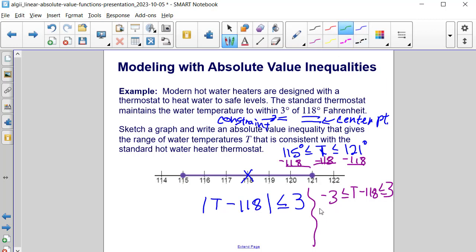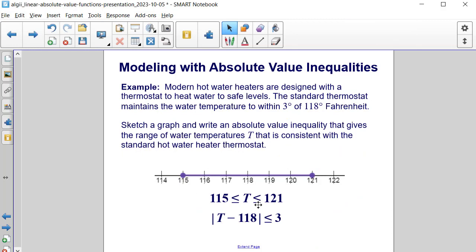Notice that -3 and +3 both have an absolute value of 3. And our T minus 118 degrees is between -3 and +3, which means the absolute value of it will be less than or equal to 3. So that's how we get this absolute value inequality, both graphically through graph analysis and algebraically.